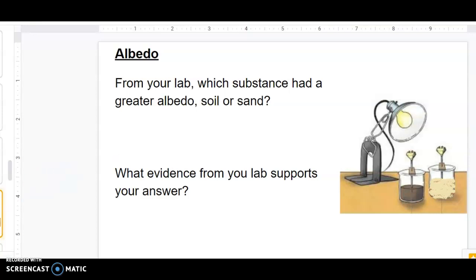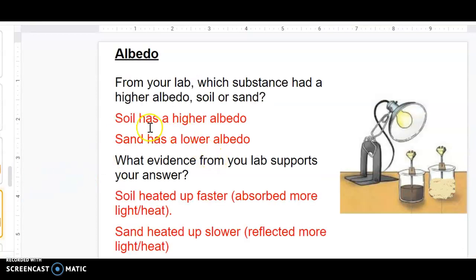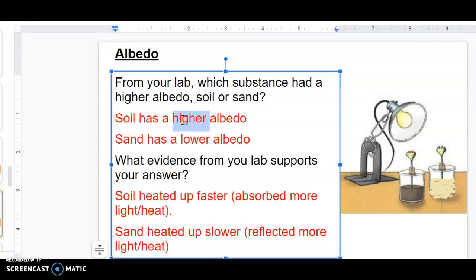All right. So from our lab, check it out. We can say that our soil has a very low albedo. Our soil has a low albedo because it absorbs a lot more light and heat, so it doesn't reflect a lot, and it heated up a lot faster.